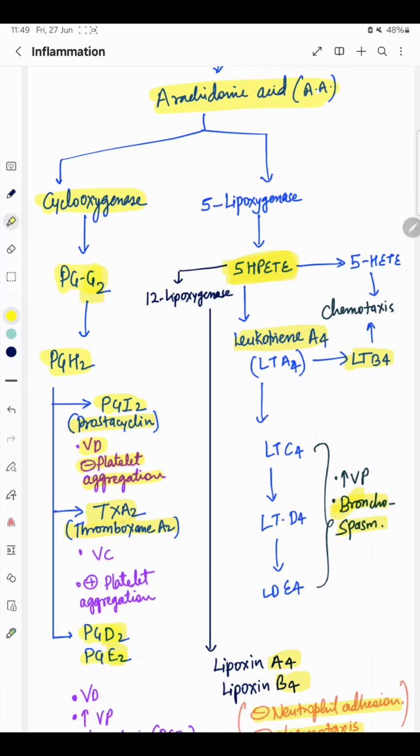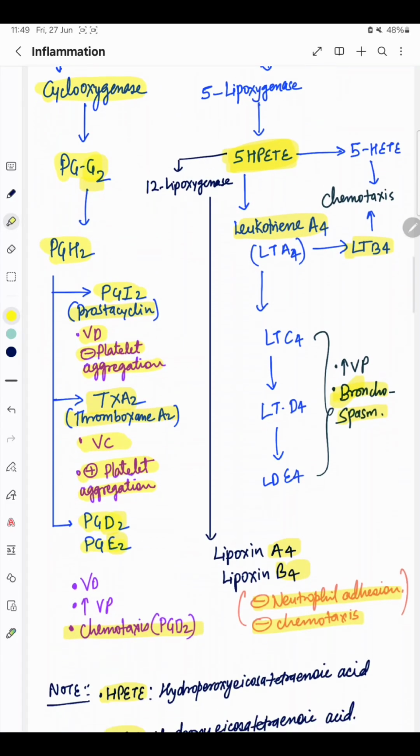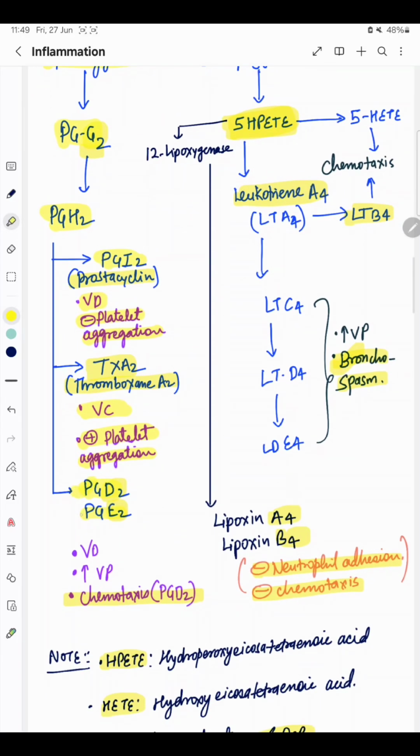On the other hand, thromboxane A2 acts as a vasoconstrictor and stimulates platelet aggregation. Prostaglandin D2 and E2 are vasodilators, play an important role in increased vascular permeability, and act as chemotactic agents.